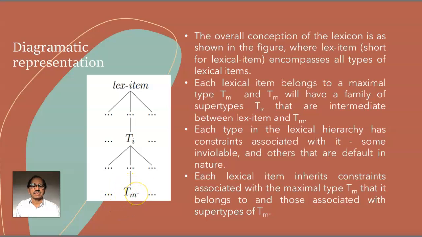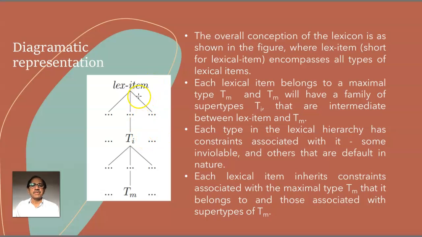TM is a maximal type, and lexical item belongs to TM. And maximal type consists of subtypes, which are TI, which are intermediate between lexical items and maximal types. Lexical items contain all types of lexical items.